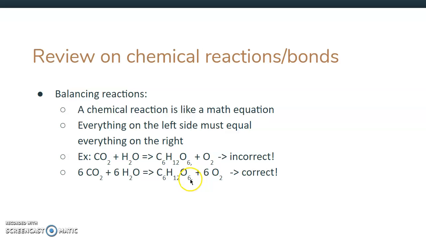And on this side we have 6, and then 6 times 2 is 12, to get 18 as well. Our last one is our hydrogen. We have 12 hydrogen over here, and then 6 times 2 for 12. So we had to balance our equation so we had the right amount of elements on each side.